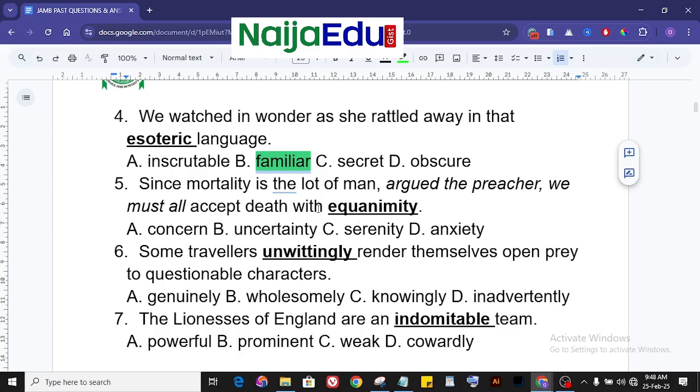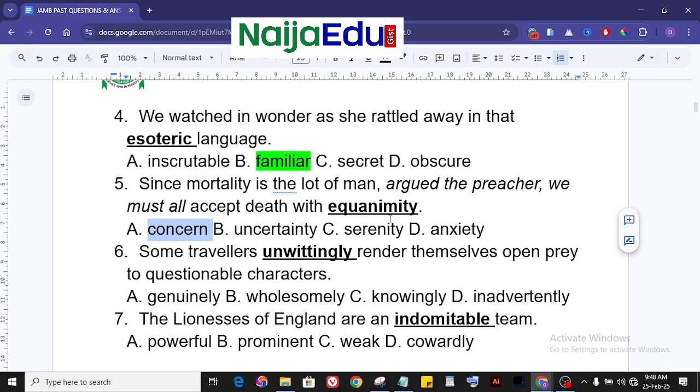So option A given is concern. Remember, we are looking for the opposite in meaning. When you say something is concern, then we have uncertainty, something that is not really certain. Then serenity is actually a synonym of equanimity too.